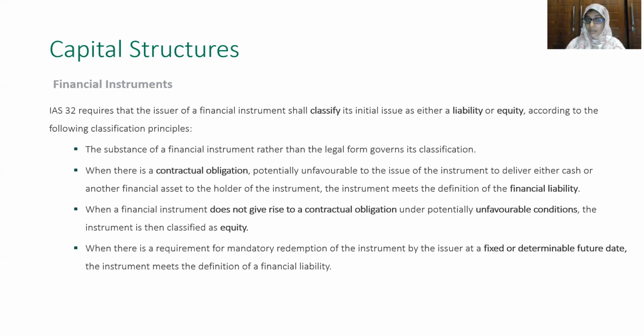So when there is a requirement for mandatory redemption of the instrument by the issuer at a fixed or determinable future date, the instrument meets the definition of a financial liability. So now when we go through all that, what we understand is that if we are supposed to include it as a liability, there will obviously be a contractual obligation to repay.